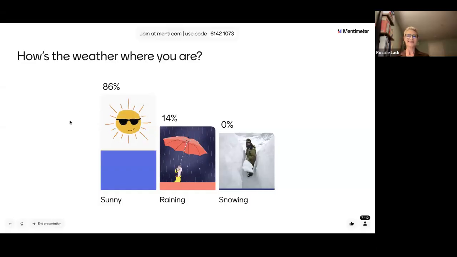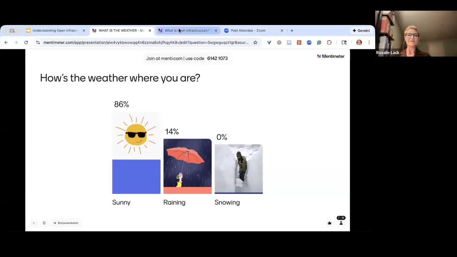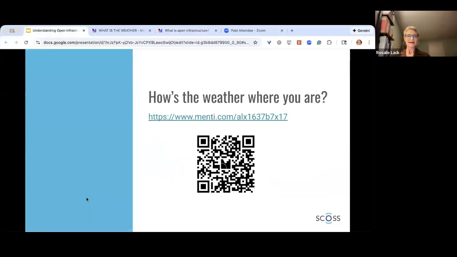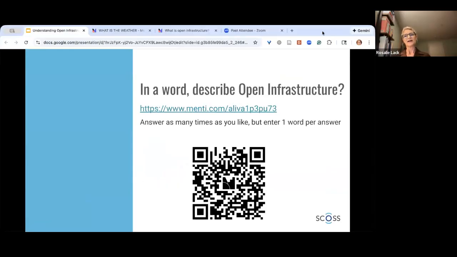I approve of that. So the next question, more on topic, is I would love to have folks, just as we're getting started, I know today we're going to be talking about this topic, but before we get going, if you could let me know in one word, when you think of open infrastructure, what words come to mind? You can put the word open, that's a good word to put, but if you put open, try to put another word also.